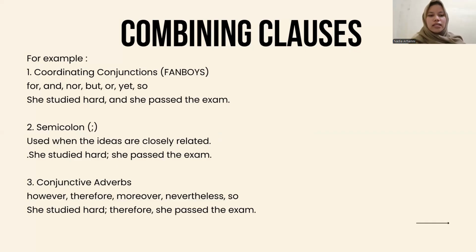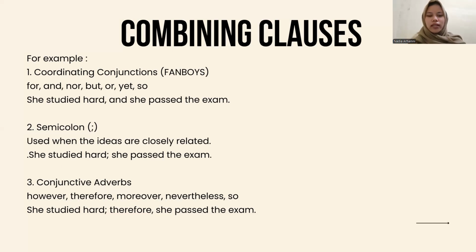For example, she studied hard and she passed the exam, and is the coordinating conjunction. A semicolon is used when the ideas are closely related. For example, she studied hard; she passed the exam. And the last, conjunctive adverbs, like however, therefore, moreover, nevertheless, so. For example, she studied hard, therefore she passed the exam. Therefore is the conjunctive adverb.